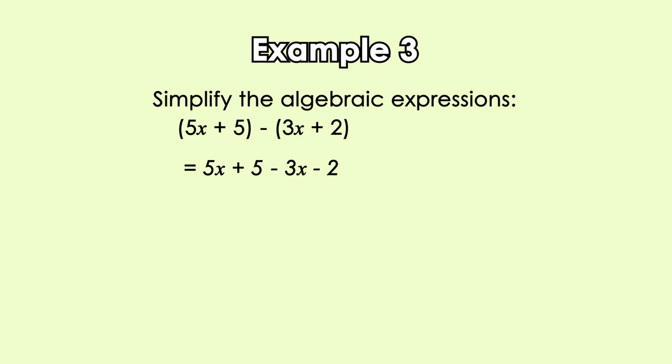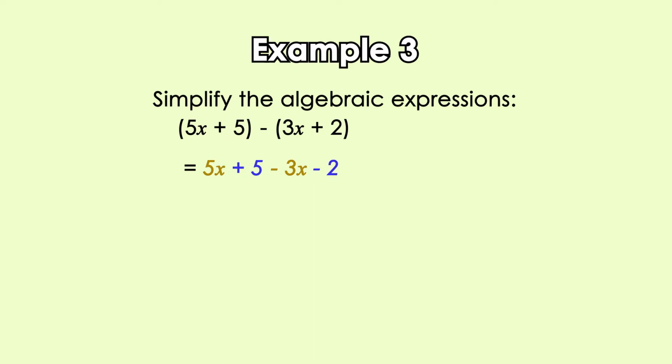The expression consists of 4 terms. Can you identify the 2 pairs of like terms? Yes, you are correct. One pair is 5x and 3x. Another pair is the constant 5 and 2.